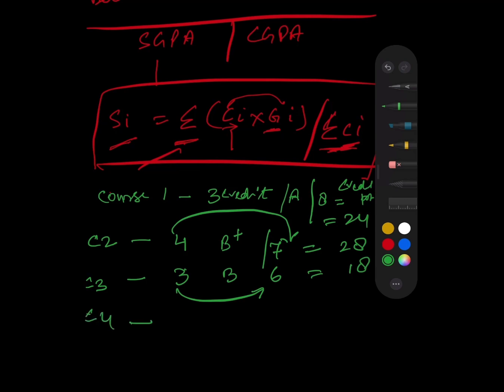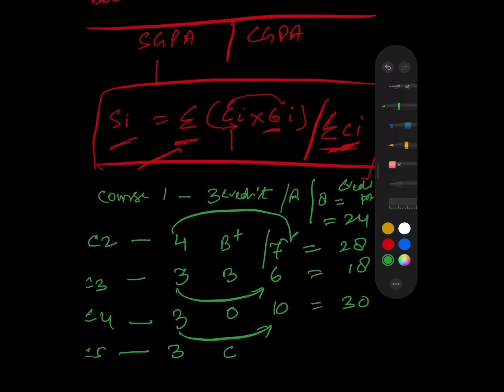Then course 4, 3 credits, for example. You got O or S, that is the highest. So the grade point will be 10 and the credit point will be 30. Then course 5, 3 credits, for example.